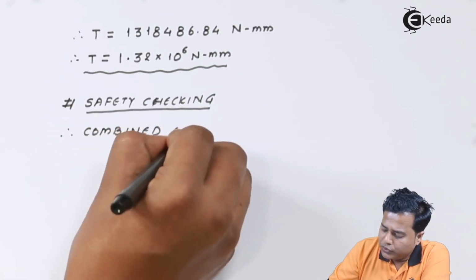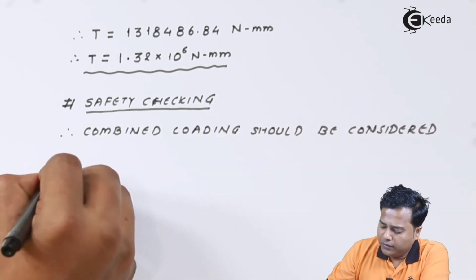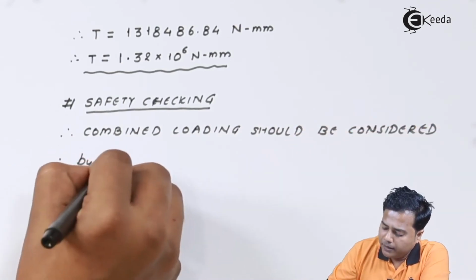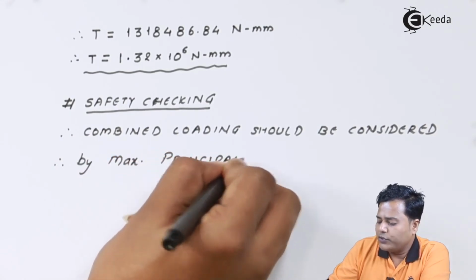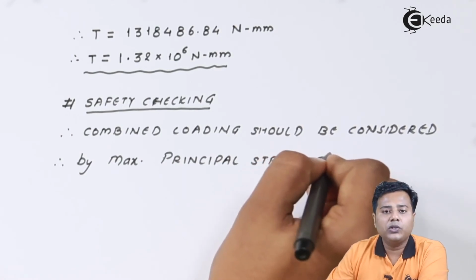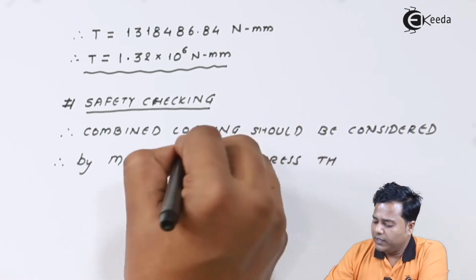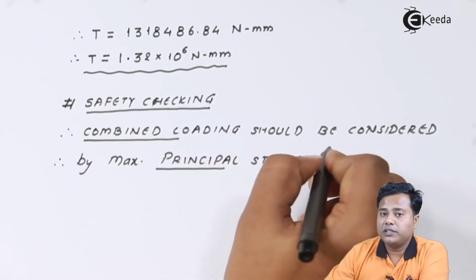Combined loading should be considered, and therefore by maximum principal stress theory, we know that principal stresses are induced when there is combined loading. That's why, in line with the combined loading criteria, we are going to consider maximum principal stresses.